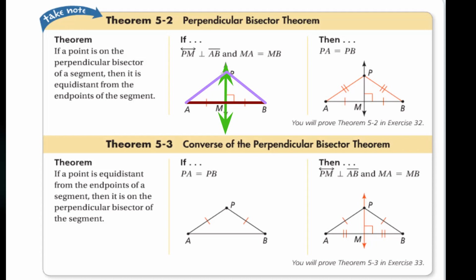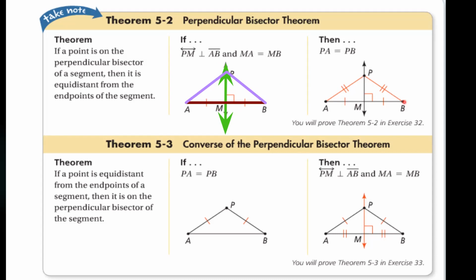So I'll repeat. If the ray PM is perpendicular to the line segment AB, since it is perpendicular, it cuts it into two equal halves. So MA will be equal to MB. And since MA is equal to MB, and the bisector is perpendicular on AB, I can conclude that the length of PA will be equal to the length of PB.